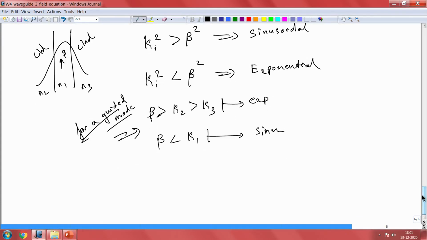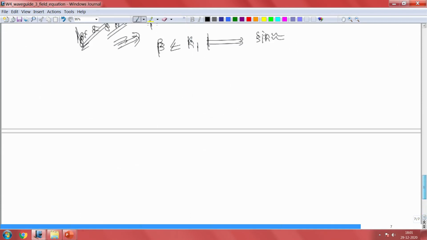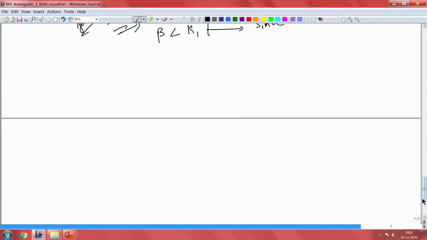All right. So let us look at the field component. What is the general form that you can define for these different regions? Let us take a simple waveguide structure here. And we have a core and we have clad.